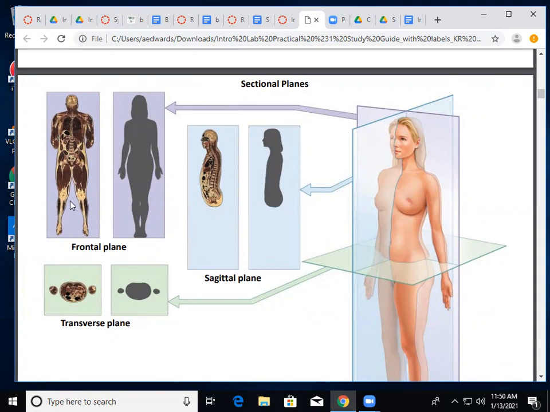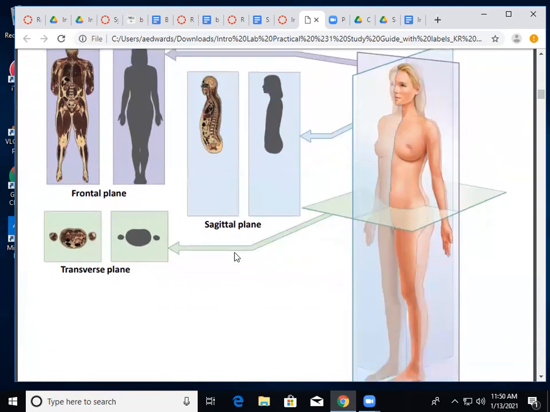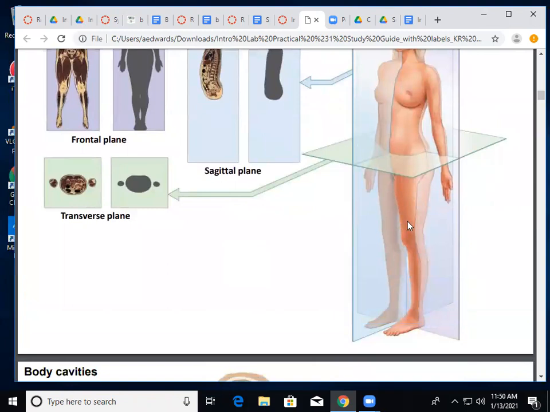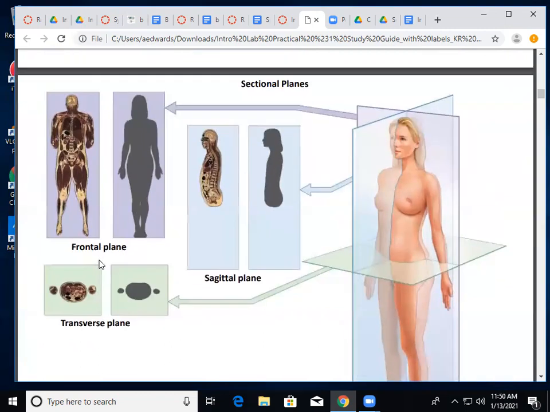We divide the body into left and right sides, we call those sagittal planes. If it's down the middle, we call that mid-sagittal. But essentially, any cut that cuts left and right sides is sagittal. And if we cut the body into top and bottom halves, more of a horizontal cut, that's considered transverse. Okay. So what we're going to teach you for this class, frontal, sagittal, and transverse.